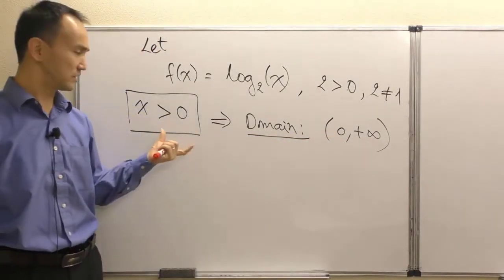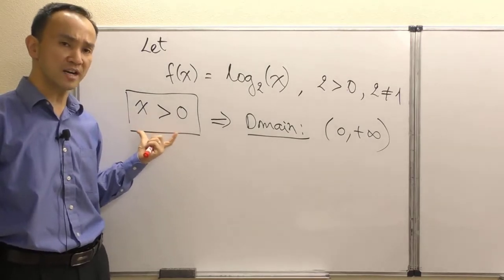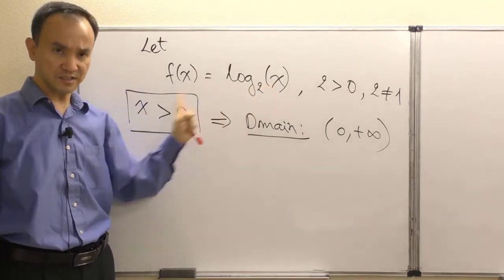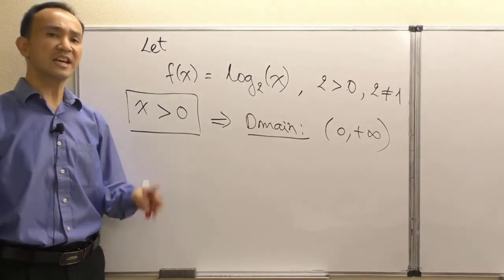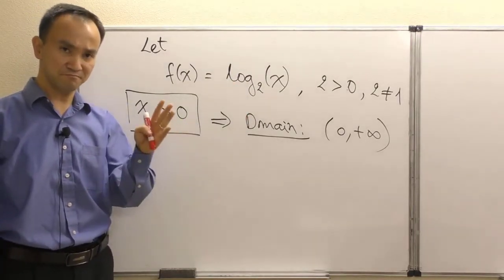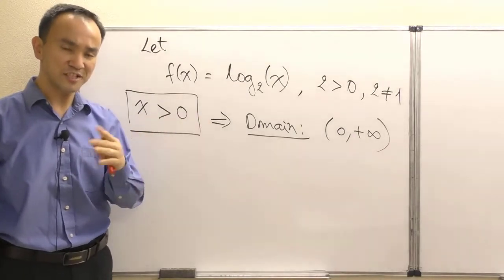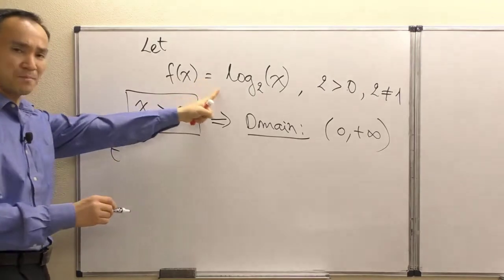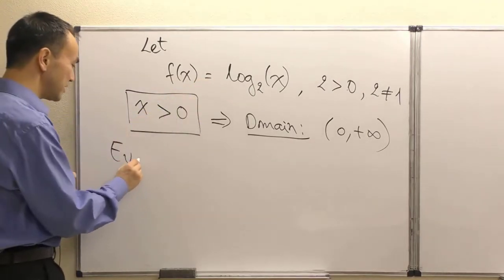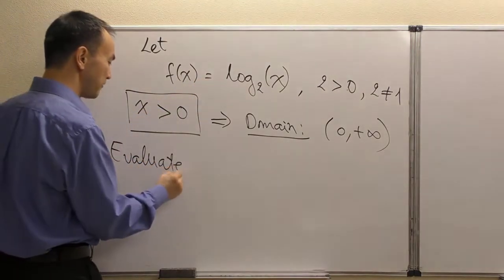Okay, but again later on, why do we require the arguments to be positive? We'll get to a thorough explanation in a later part of this lecture, in case you have not seen my lecture about the properties of logarithms. Now upon defining this function, let's evaluate a few values.